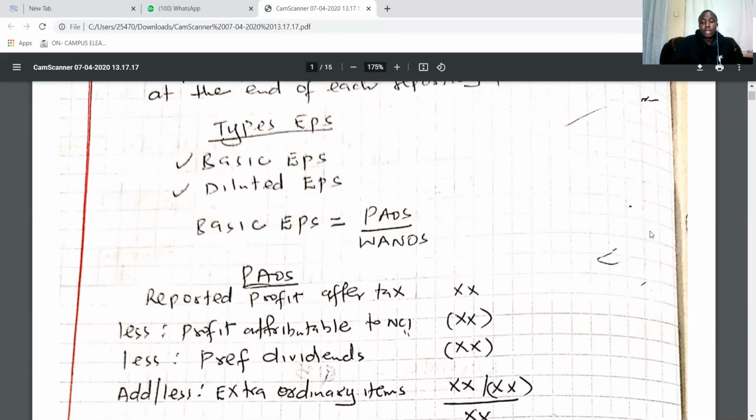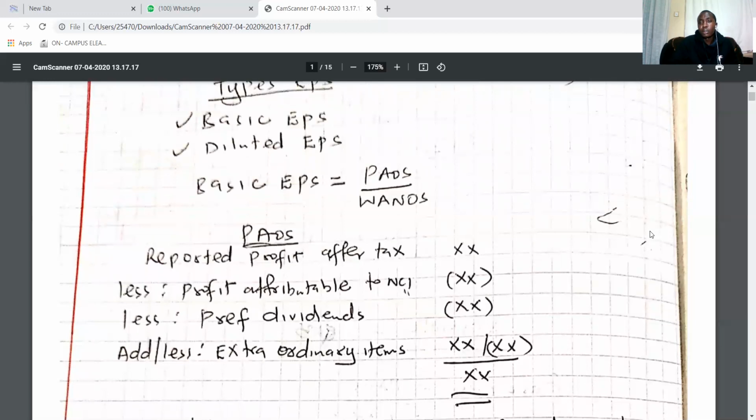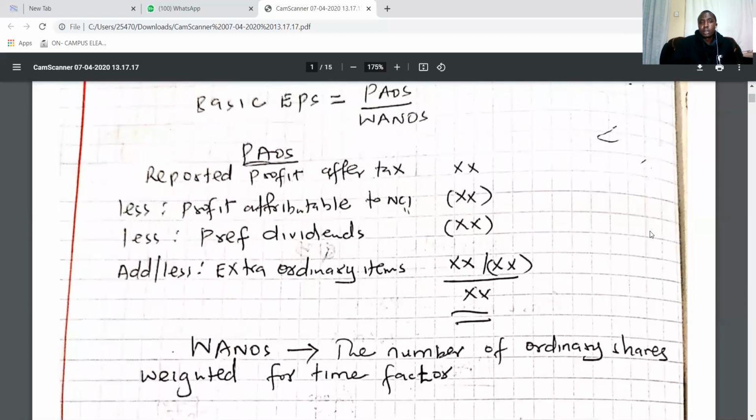Then the next thing you need to understand, how do you do this basic EPS? The numerator is the profit attributable to ordinary shareholders. Then the denominator is all about the weighted average number of ordinary shares. Then the main thing is all about how do you determine your numerator. Once you understand that it's all about reported profit after tax, you deduct the profit attributable to non-controlling interest.